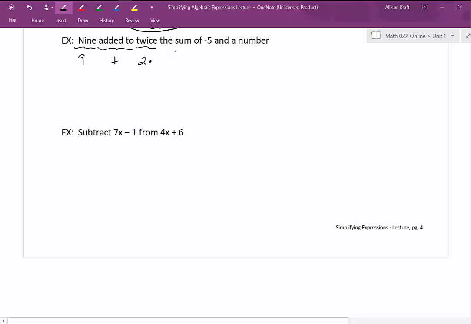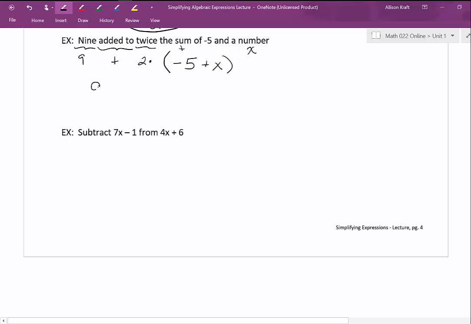The way that we're going to indicate to do something first, like we have many times in math, is by using parentheses. So inside the parentheses, we want the addition of -5 and some number, let's call it x. I'm going to write this a little bit nicer and then see if it can be simplified.